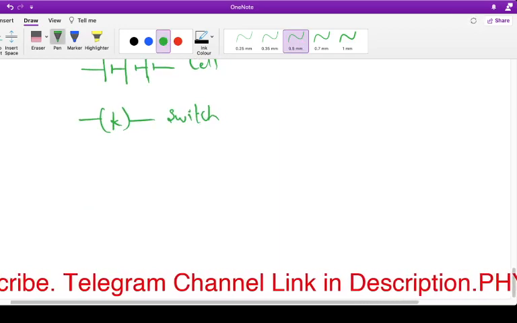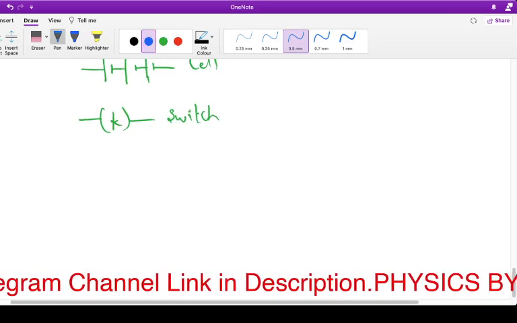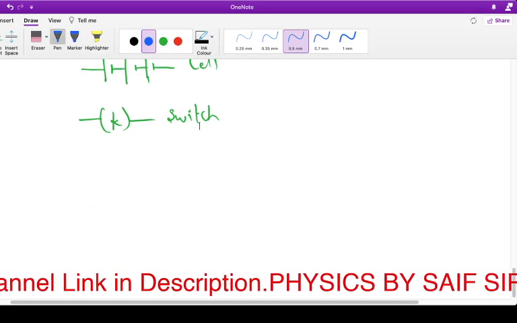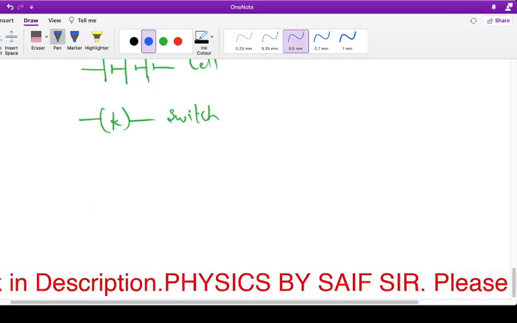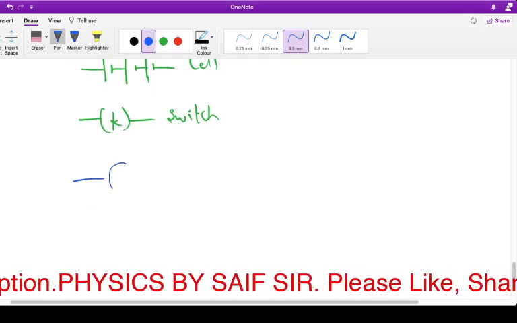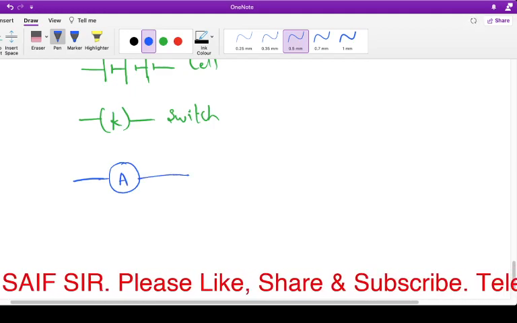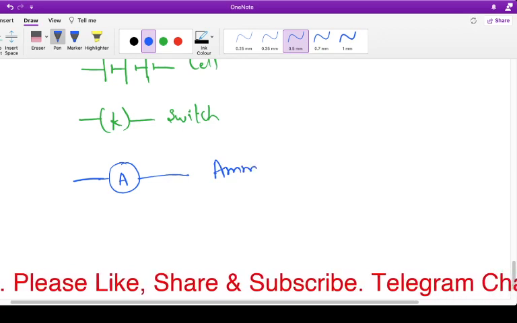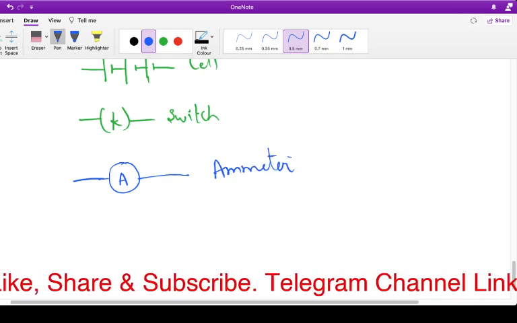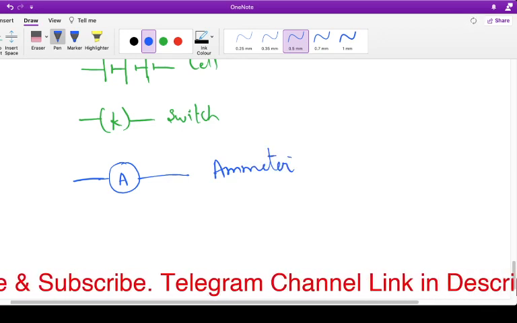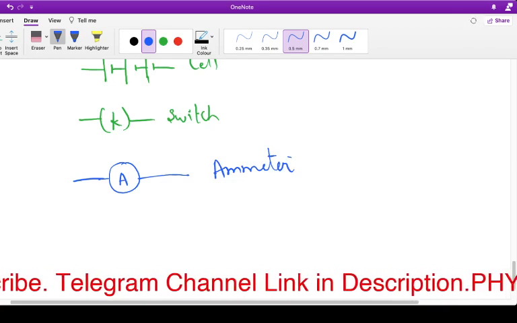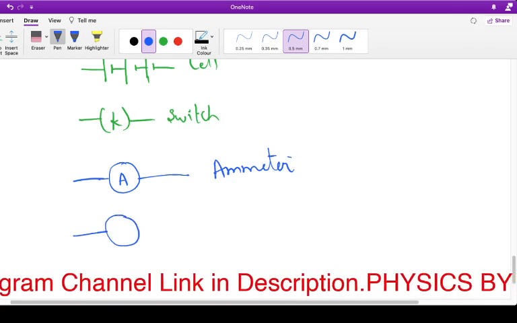Now if you want to measure the current in your circuit, you use an ammeter, and it is drawn with the symbol A in the middle. What if your circuit requires measuring the voltage across given points?